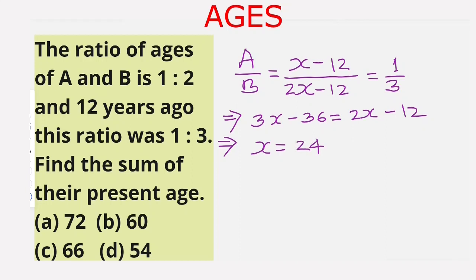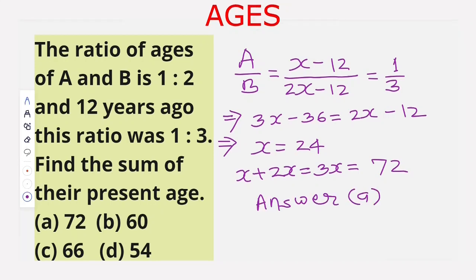Thus the value of x comes out to be 24, and we have to find the sum of the ages of A and B. The sum of the ages is x, the age of A, plus 2x, the age of B, equal to 3x, and 3x equals 3 multiplied by 24, which comes out to be 72. Thus the sum of the ages of A and B comes out to be 72, and from the given options, our answer is option A.